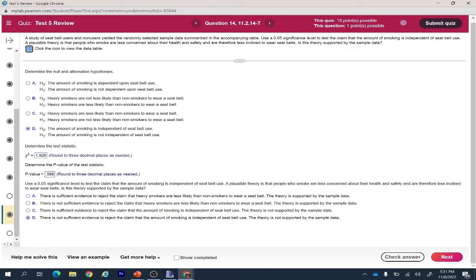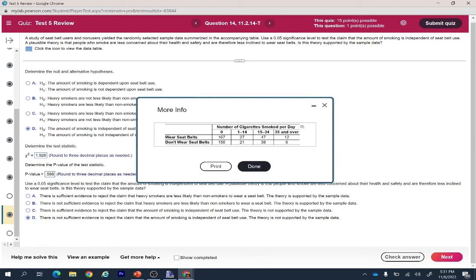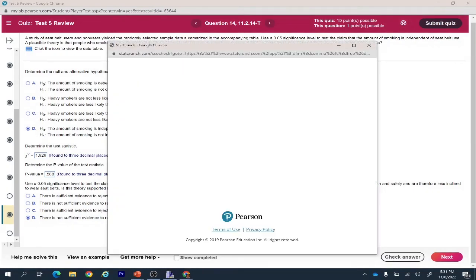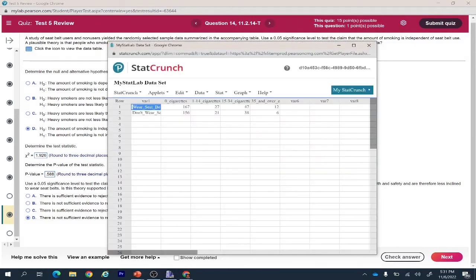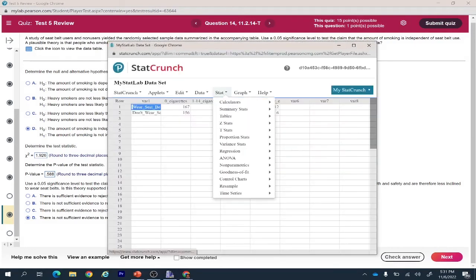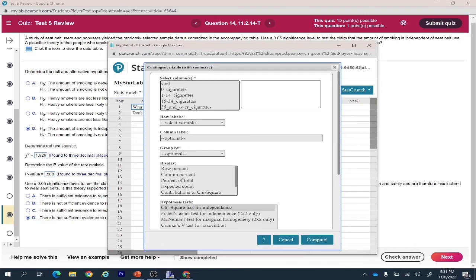We can find the chi-square test by opening StatCrunch. There is a table menu, and there is a contingency table with the summary. These are the summary we have given, so just click the summary. First of all, select the columns.